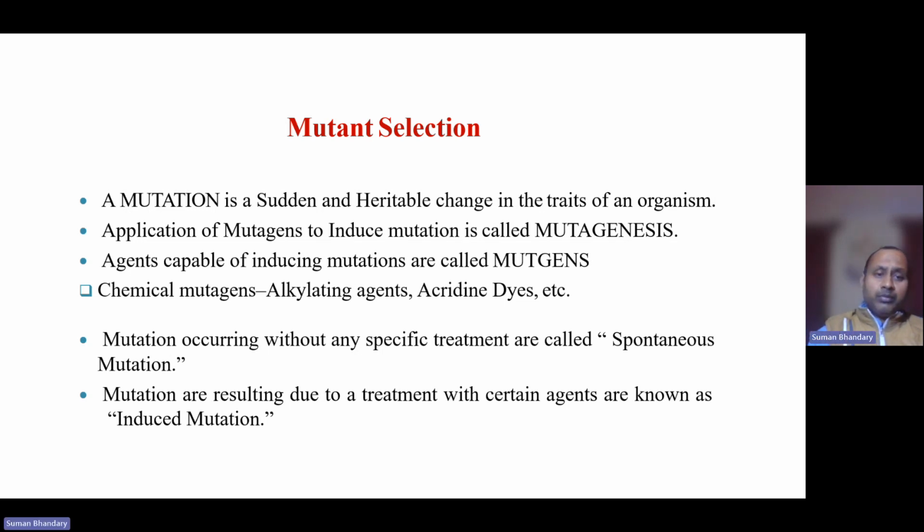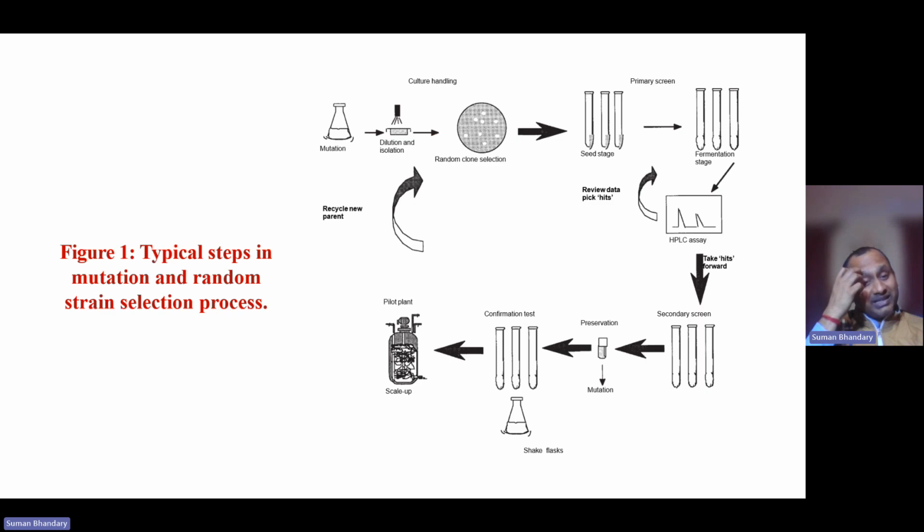So now we can discuss the flow of how you can do this, how you can change this. Here you can see that mutation can be done physically by using X-ray, UV ray, or some gases. Then we have to dilute it, and then we go for random clone selection.